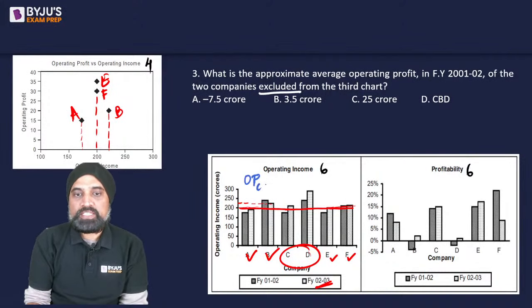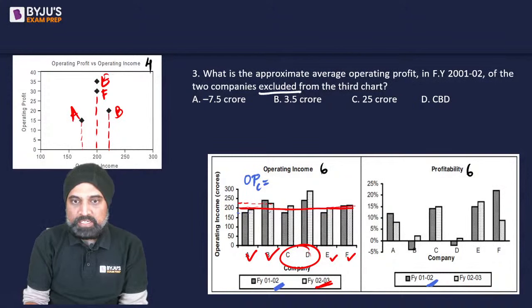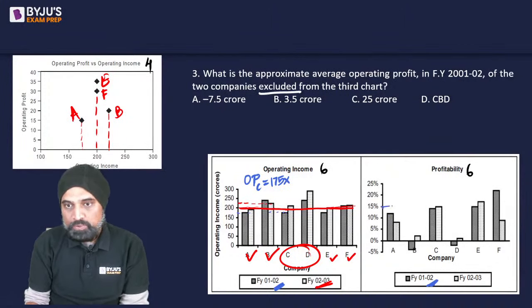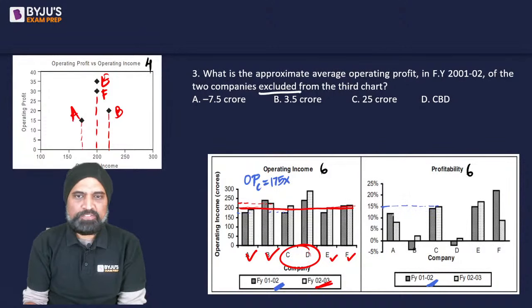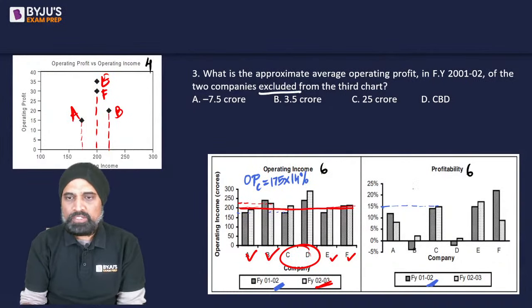the operating profit of C in fiscal year 2001-2002 can be calculated as 175 into, for fiscal year 2001-2002, this one was 15%. This is less than 15%. So let's take this as 14% approx. Okay.